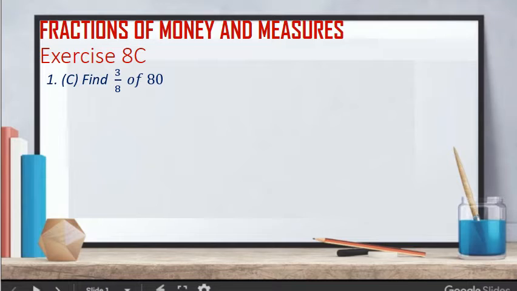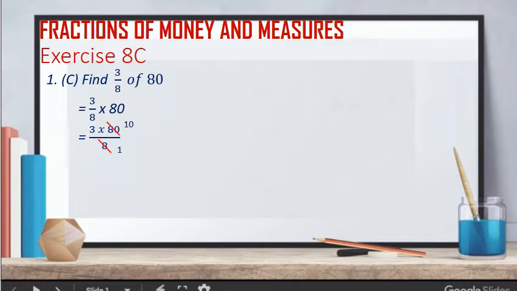So here you have to find out 3 by 8 of 80. Now children, this is very simple. 3 by 8 of 80 means 3 by 8 multiplied by 80. So now in the numerator part you are going to multiply 3 by 80 and denominator part you will write 8. Now children, you can see that you can divide 80 in the numerator and 8 in the denominator by common number 8.